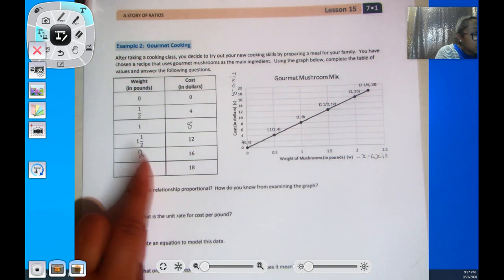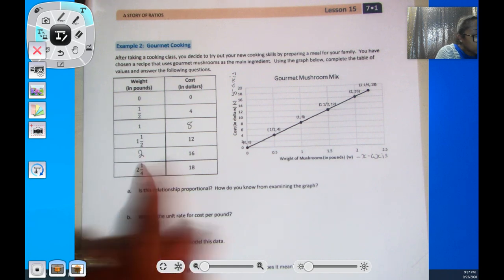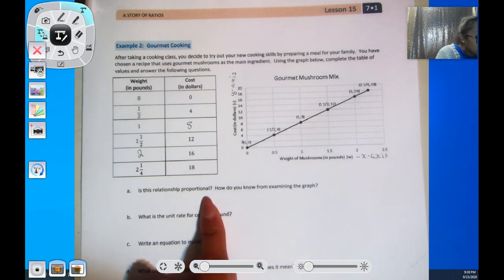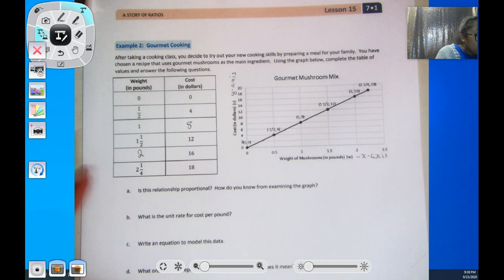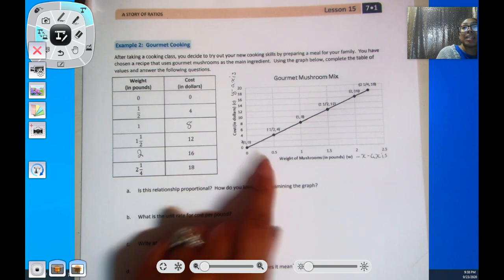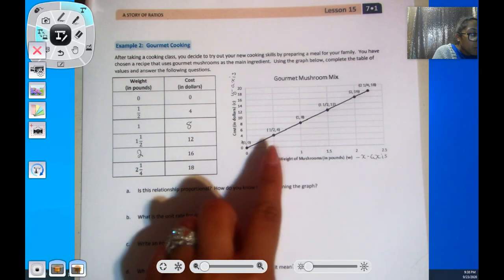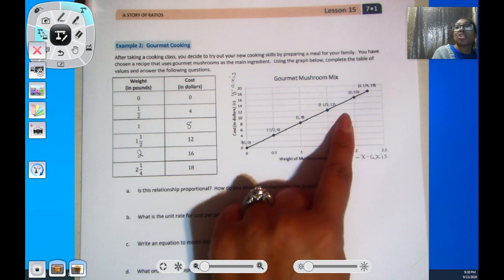Okay, great. Now I'm going to answer the questions for the table and graph. Is this relationship proportional? How do you know from examining the graph? What I know from graphs of proportional relationships is that two things must be met. First, the pairs of quantities have to form a straight line.